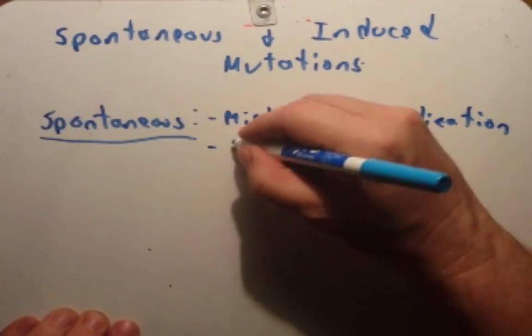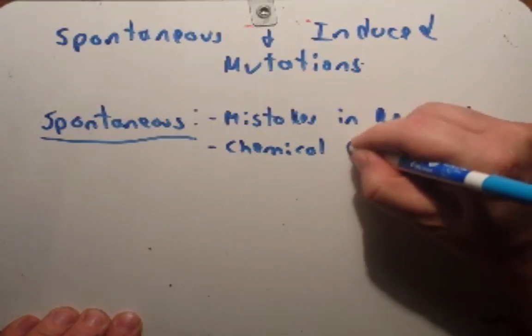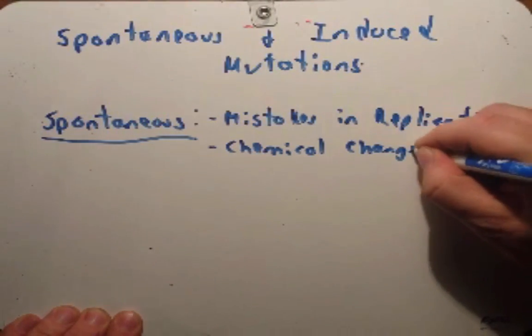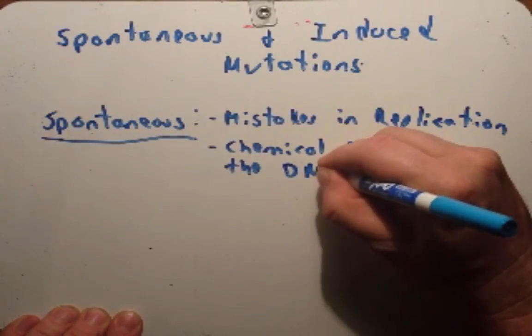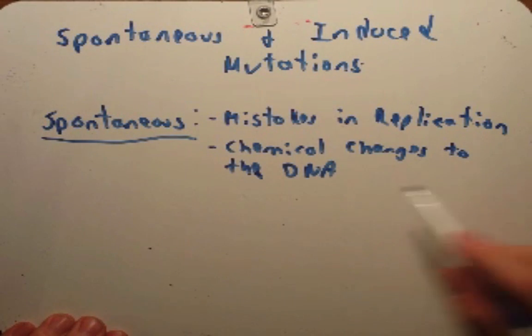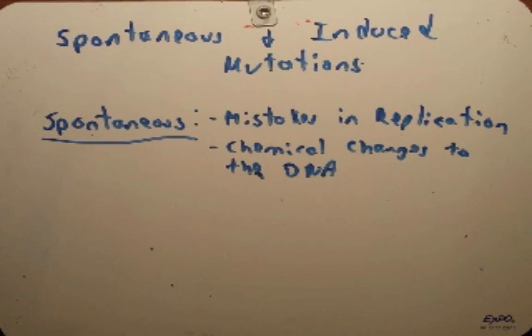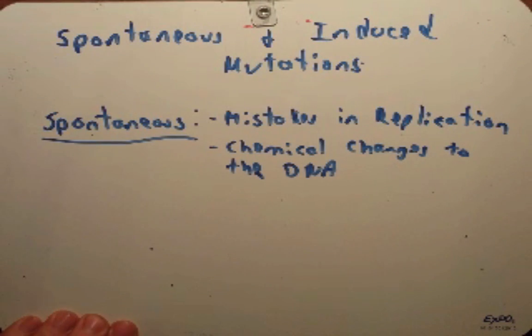Or we could have chemical changes to the DNA, which of course then get replicated erroneously. And these chemical changes to the DNA are not caused by any outside chemicals being presented. These are changes that just naturally occur to the DNA, specifically to the bases. And we'll talk about those first.